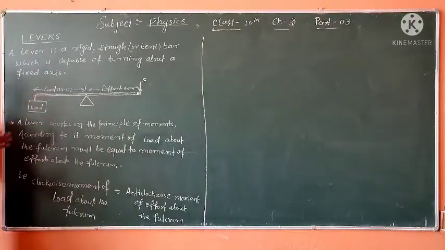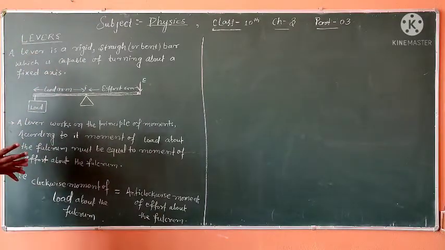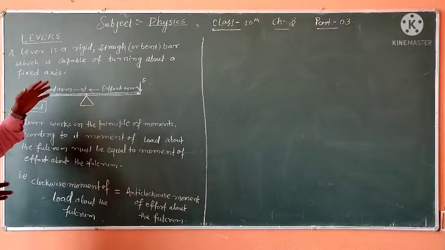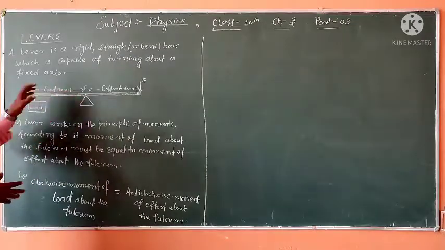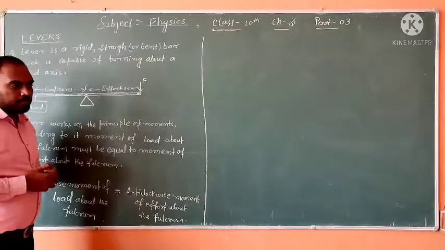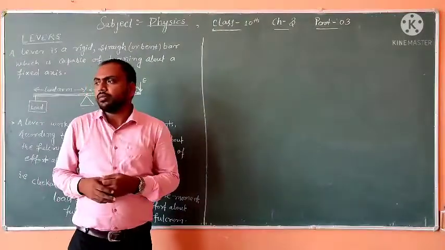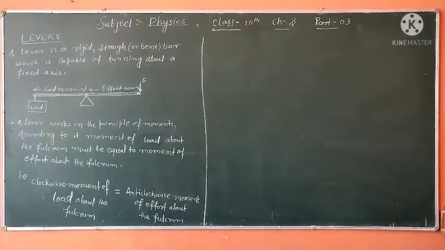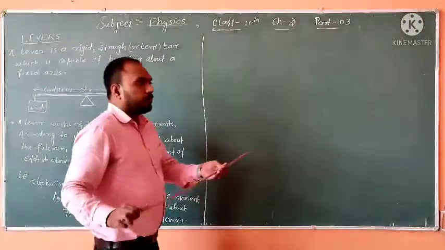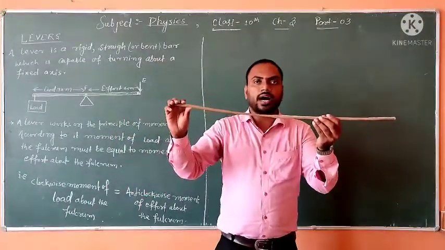A lever is a rigid, straight or bent bar which is capable of turning about a fixed axis. Simply, we can say that a lever is a rod, a bar.